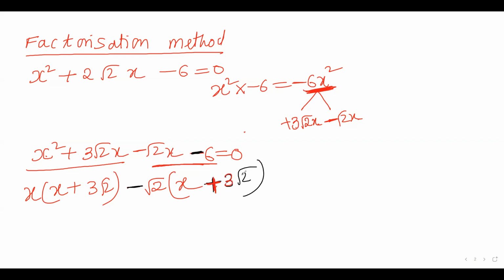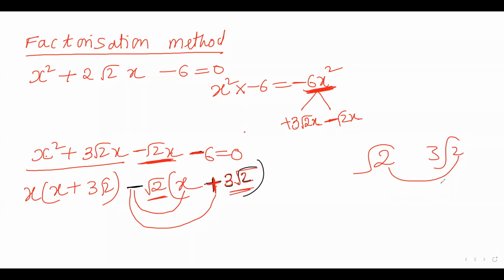You just cross check once. Minus root 2 into x is minus root 2x. It is already there. Minus into plus is minus. Root 2 into 3 root 2: root 2 into root 2 is 2 into 3, 6. You are getting minus 6.